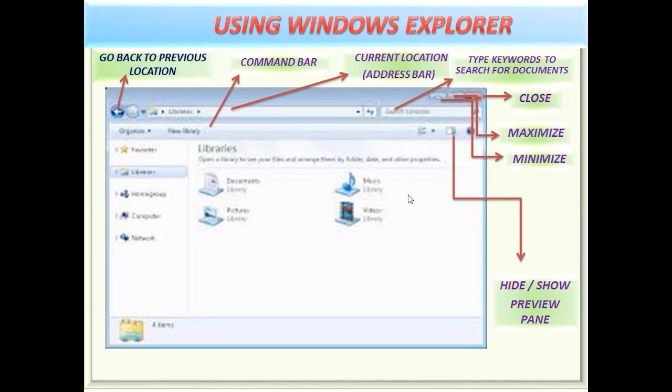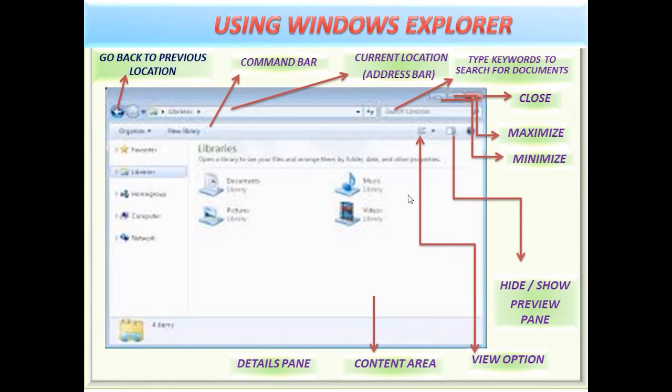This button is used to show and hide the preview. Next is the view option. This is the content area. This part is known as the details pane. And this part is called the navigation pane.